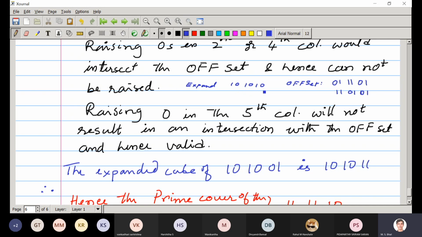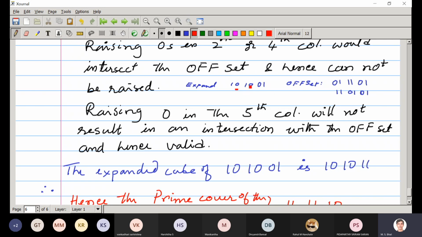Now we are trying to expand this, 1, 0, 1, 0, 0, 1, and see whether, if I raise this 0 to 1, this will hit the offset.